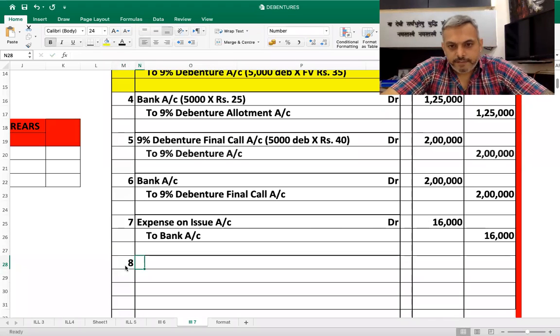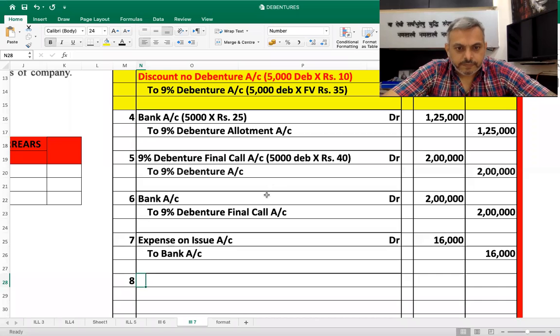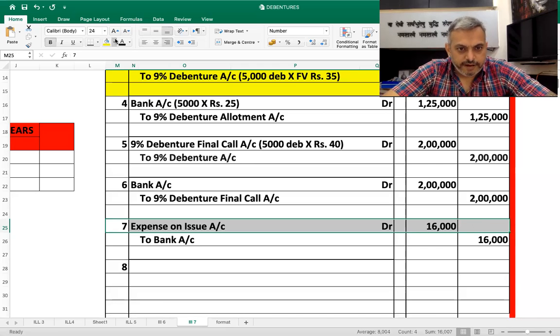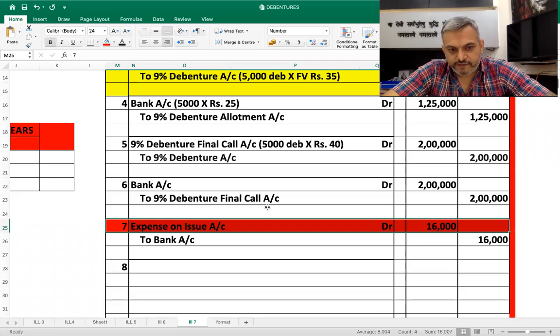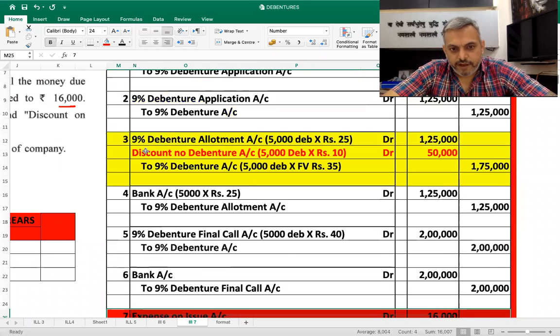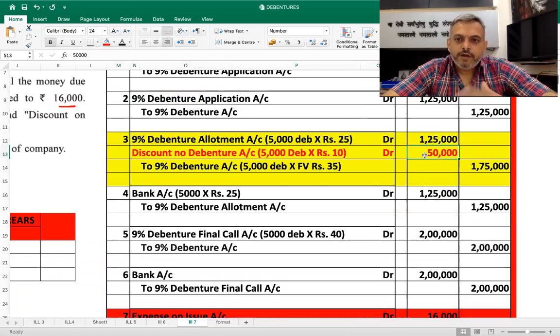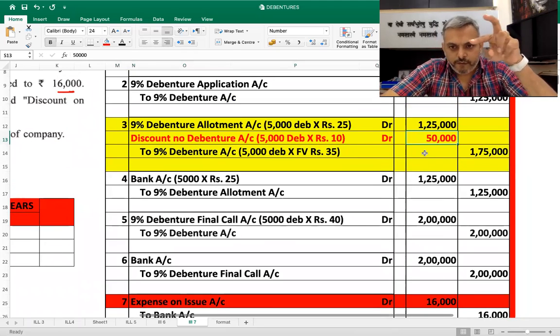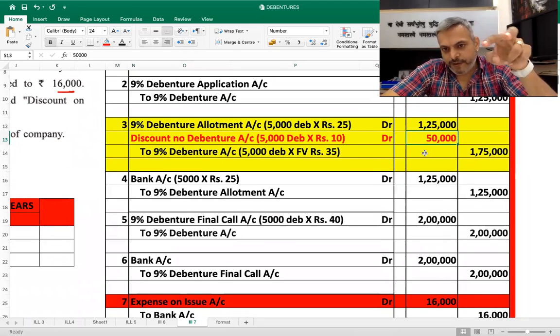8, important. So I'll wait a while for you all. Now we have this expense on issue account, which is again our expense for raising this money. And we also have discount on debenture account 50,000, which is also our loss or expense on raising money. So we have two accounts which are expense accounts.